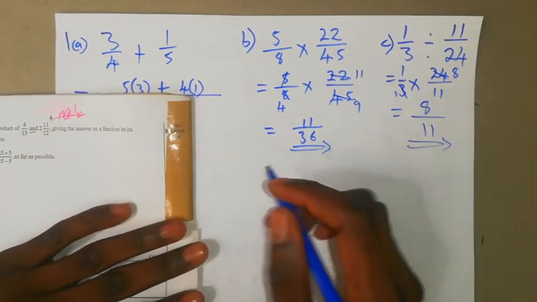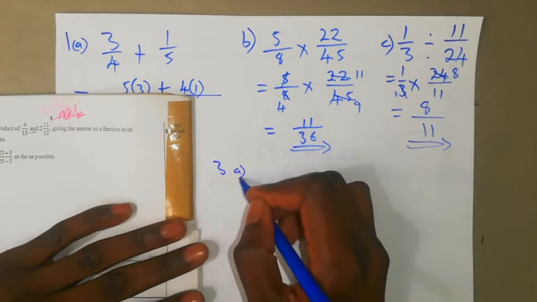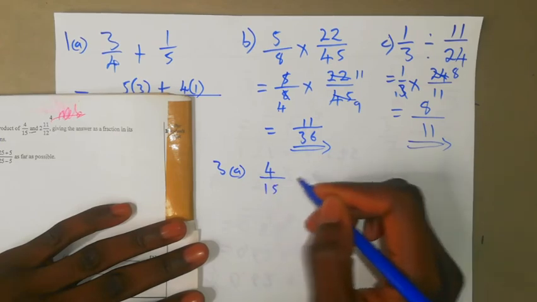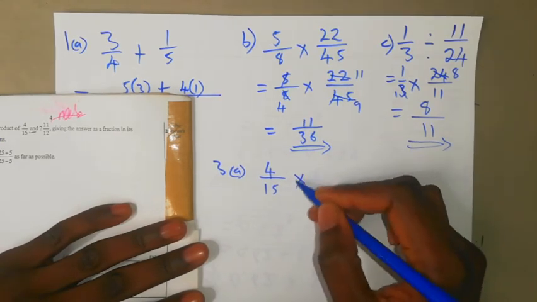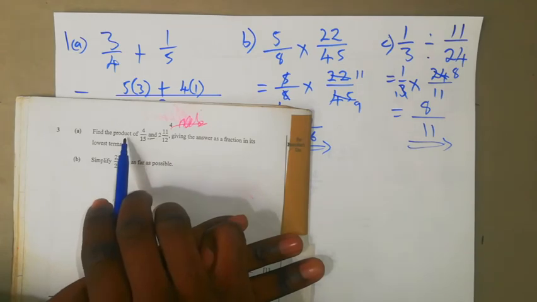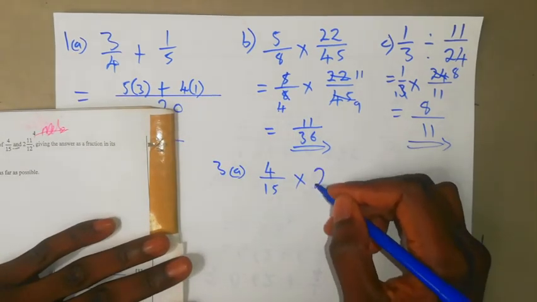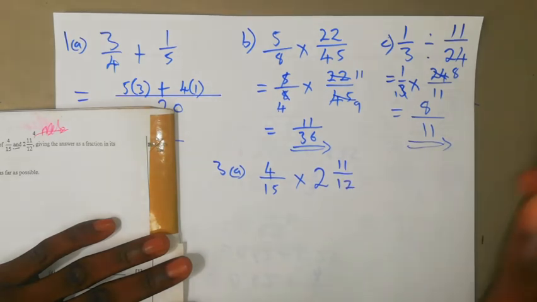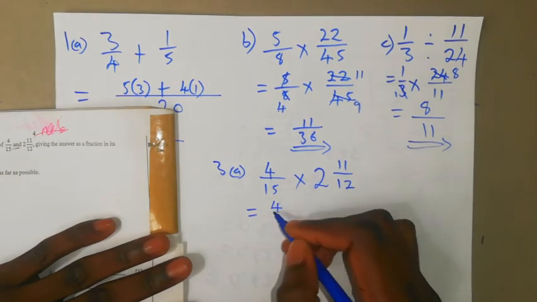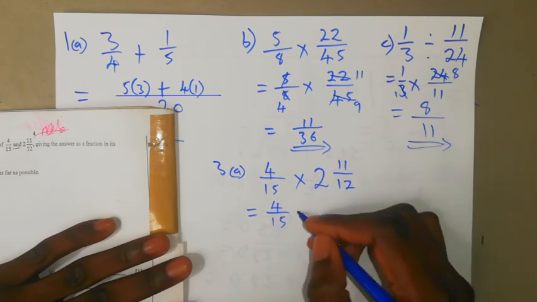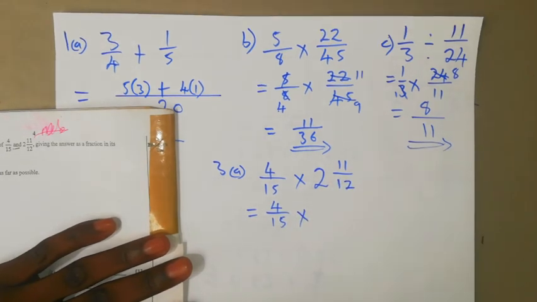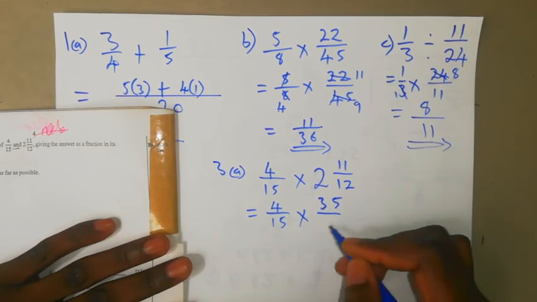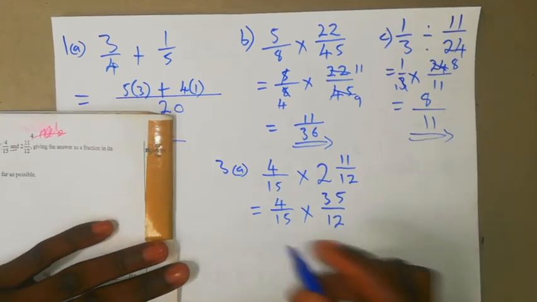So we've got our number 3a, the product of 4 over 15 times 2 and 11 over 12. So it's equal to 4 over 15 times 35 over 12.